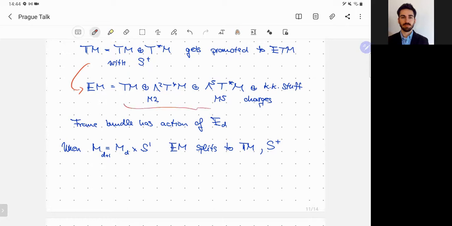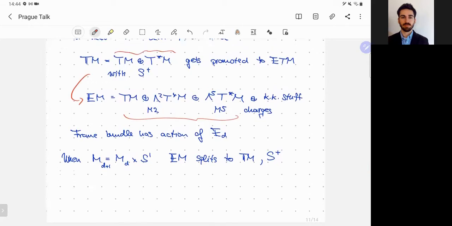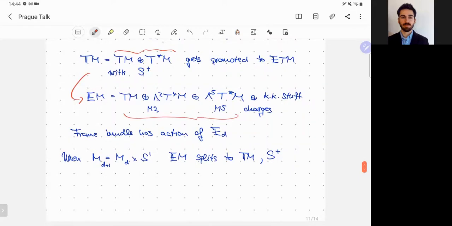Let me just say one more thing: this whole thing is a representation of ODD, and this S plus happens to be also a representation of ODD, or S minus in the 2A and 2B setup. And what they really are, they are spinorial representations of ODD.